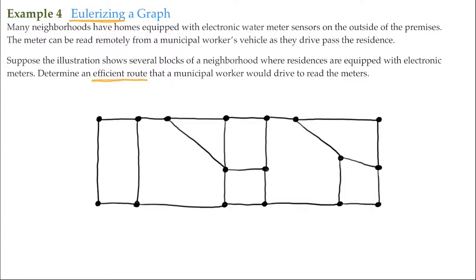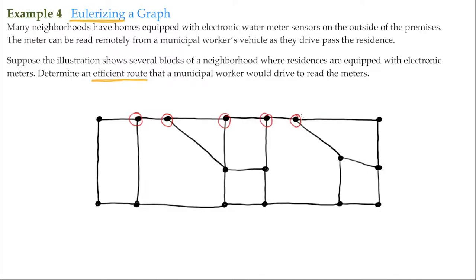Now to Eulerize it, what we want to do is identify all the odd vertices. And I'm just going to circle them. So here's one here. Here's one there. This has got 3 edges. This one has 3.